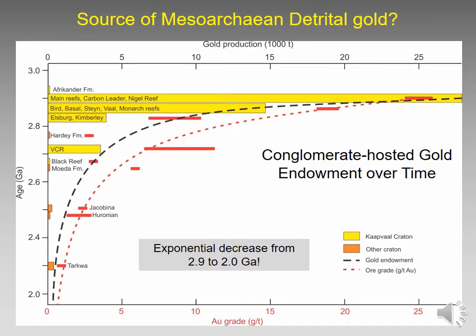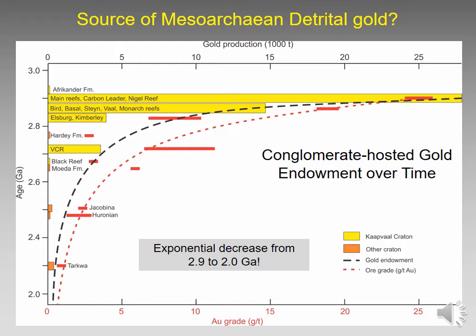Now, before discussing the potential sources of all the detrital gold, it might be helpful to have a closer look at the relative gold content in the various reefs, and by reef, of course, we mean conglomerates that are rich in gold. On this diagram, I plot not only the Witwatersrand reefs, but also gold-bearing conglomerates from other cratons in the world.